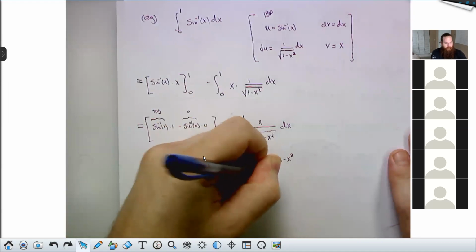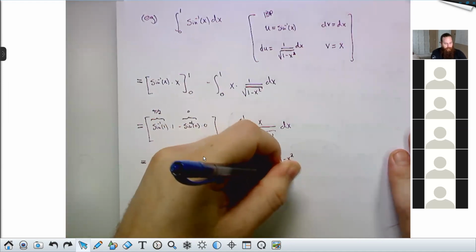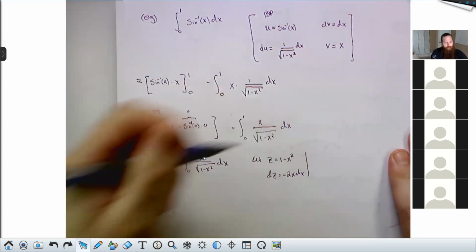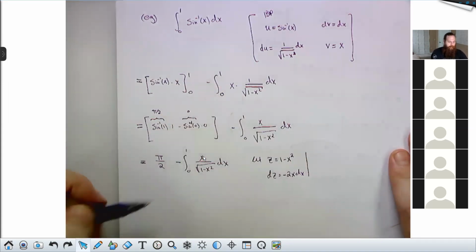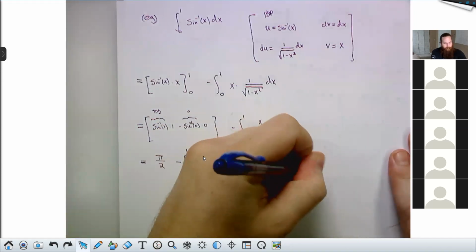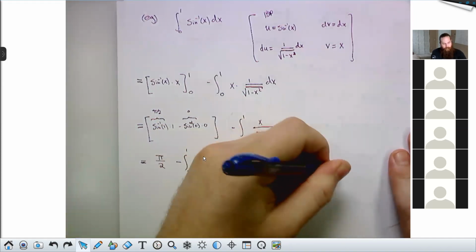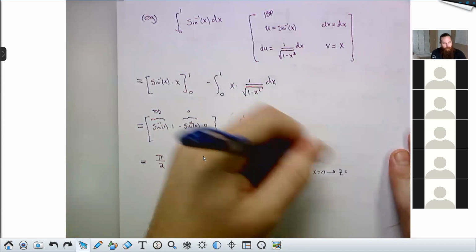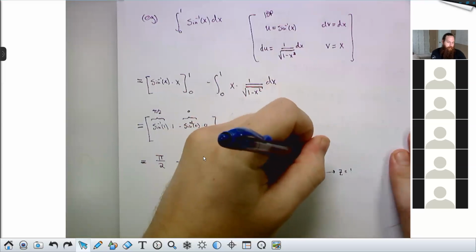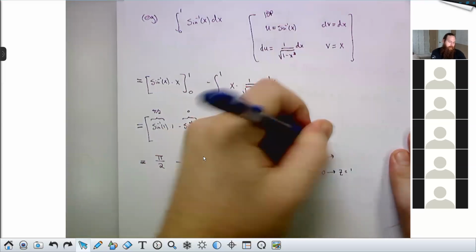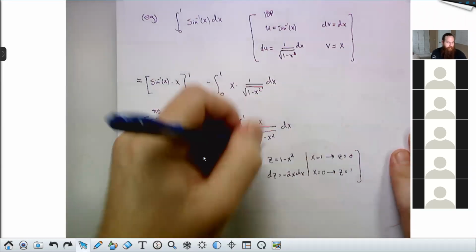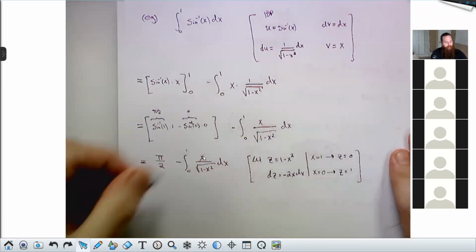So then dz is minus 2x dx. Also, I need to change my bounds. When x is equal to 0, z is equal to 1 minus 0 squared. That's 1. And when x is equal to 1, z is equal to 1 minus 1 squared. That's 0. So the bounds are going to flip over.